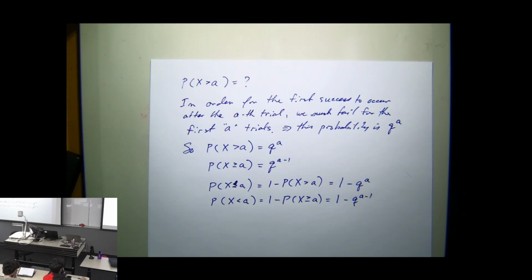When q is less than 1, you're always multiplying by something that keeps reducing that probability as x increases. And just a comparison of a couple of different geometric probabilities: p equals 0.5 versus p equals 0.2.